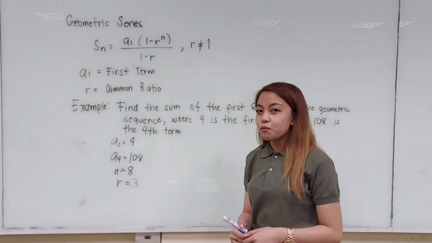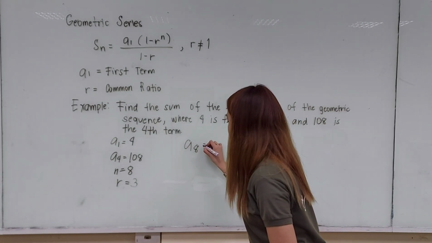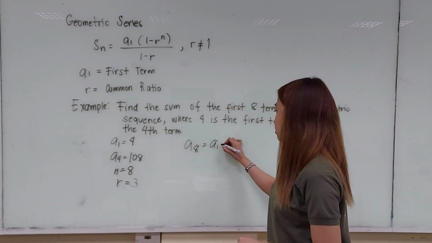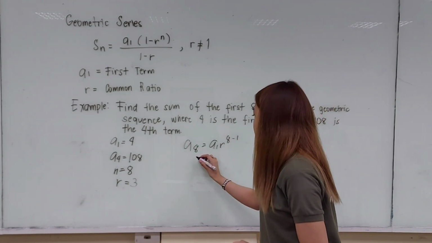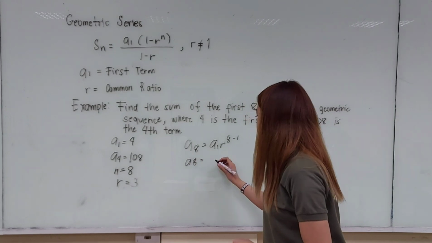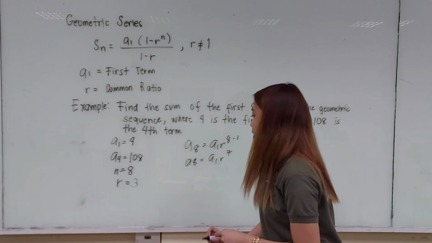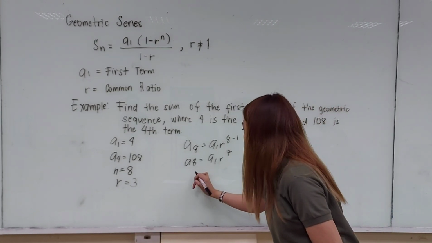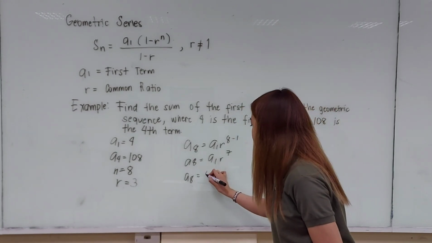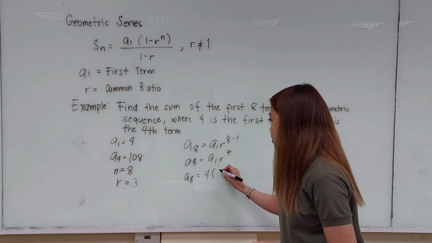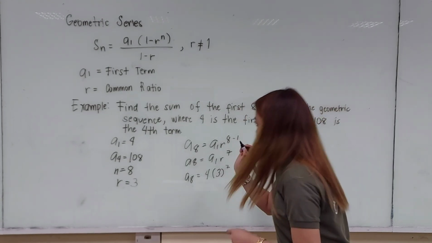We will use the same process to get the 8th term. So, a sub 8 is equal to a sub 1 r raised to 8 minus 1. So, a sub 8 is equal to a sub 1 r raised to 7. Next, a sub 8 is equal to, our first term is 4, common ratio is 3 raised to 7.